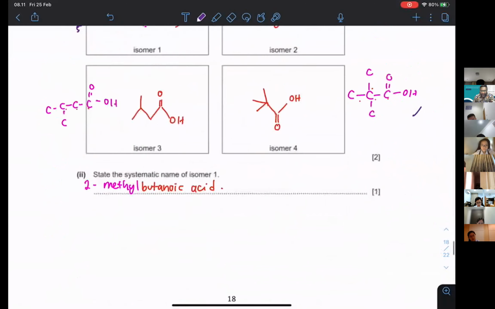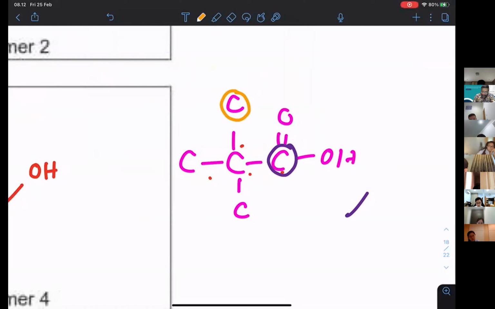So I know this is one environment. And if I look at this carbon, it is attached to 3 hydrogen and the entire molecule, which is similar to this carbon attached to 3 hydrogen and the entire molecule, and this carbon attached to 3 hydrogen and the entire molecule.